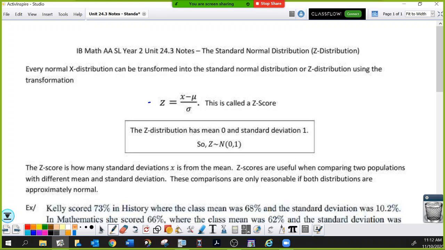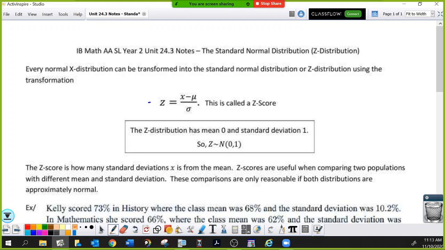What the standard normal distribution does is it takes a distribution with any mean and standard deviation size and forces it to fit the same kind of curve. That's why we call it a transformation. You get a z-score, which you've probably heard of.